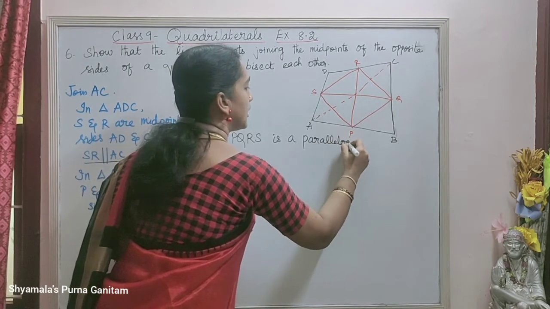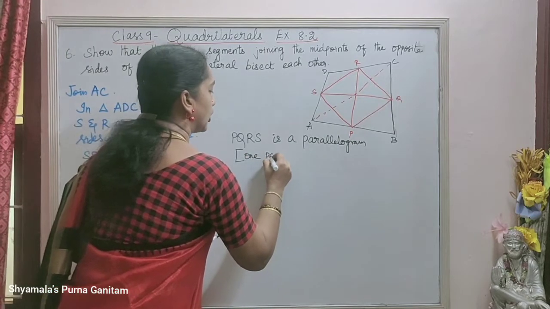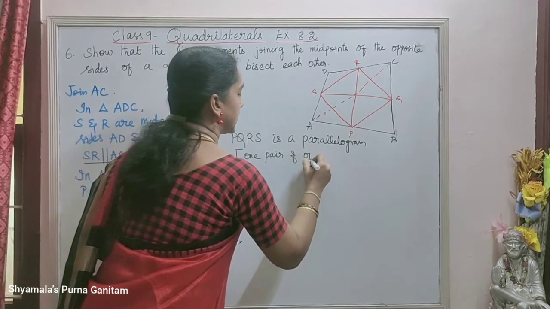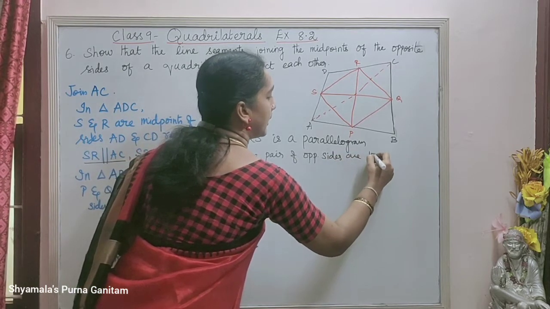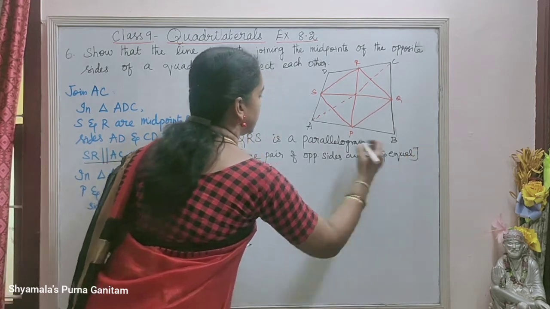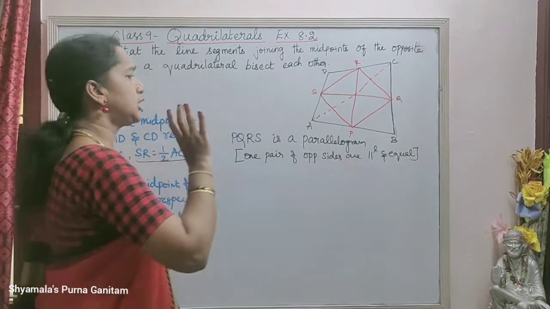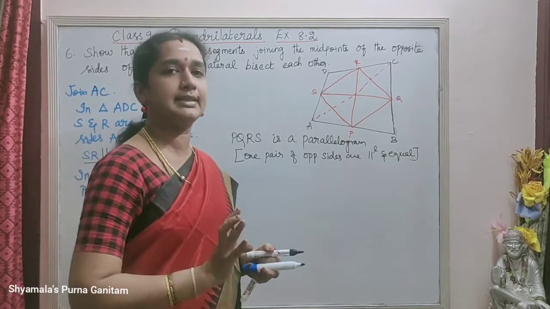One pair of opposite sides are parallel and equal, so it is a parallelogram. We know the property of the parallelogram that diagonals bisect each other.